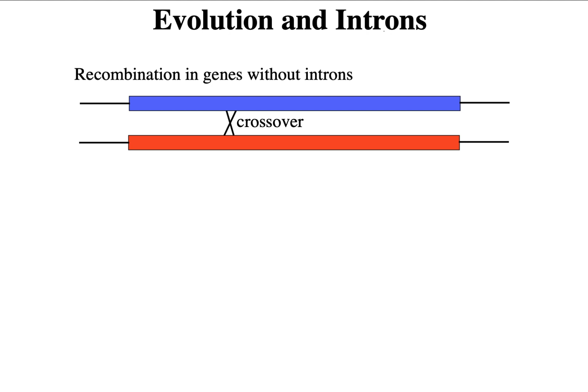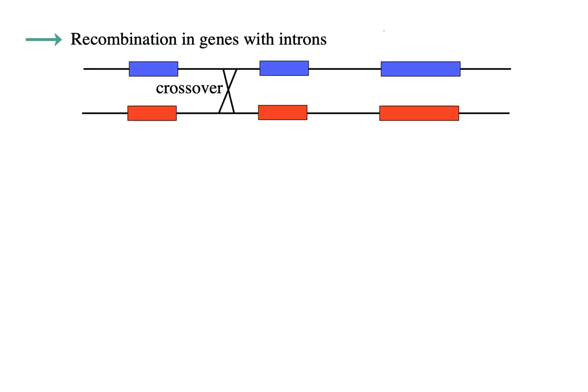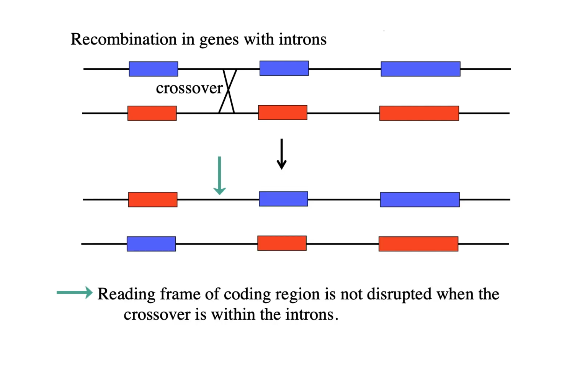So recombination in genes without introns is a little bit dangerous, because if you get a crossover and you shift over by 1 or 2 nucleotides, then it destroys the reading frame and might destroy the function of that protein. Now, if you have an intron in that region and you get a crossover, it's much less dangerous because the reading frame is not destroyed. You can still splice those exons together, and still have the same functional reading frame.